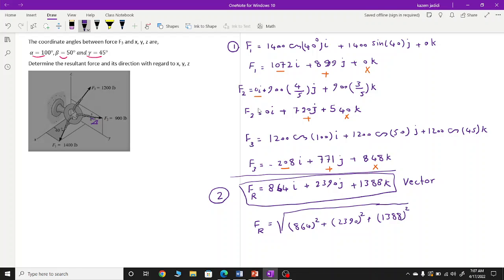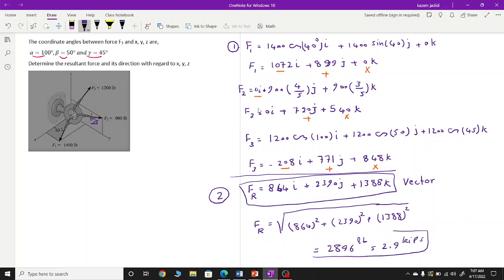If you solve it, it's going to be equal to 2896 pound, or we can just write it 2.9 kips. So you see that this is a scalar value. It's not a vector, it's a number.